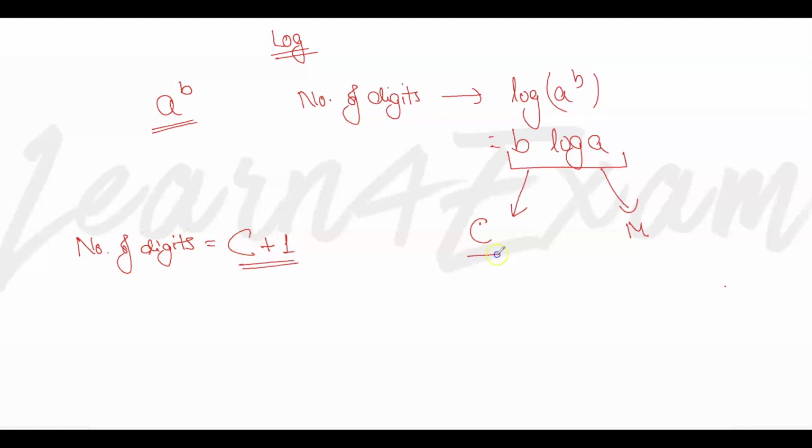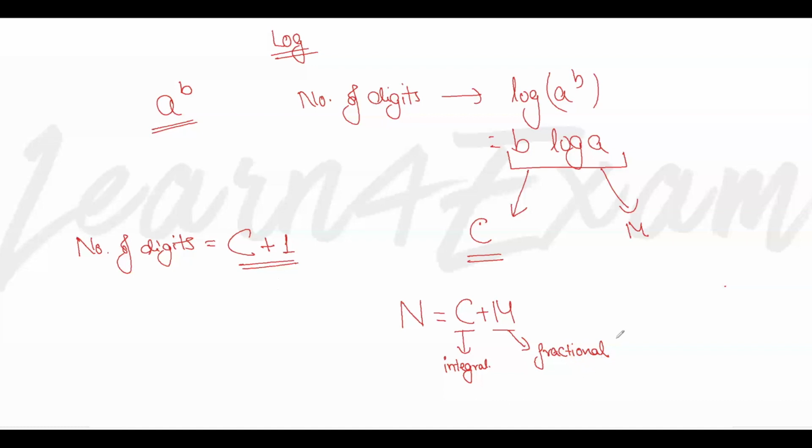So please do not make any mistake in calculating the characteristic of a number. Any number n can be represented as c plus m, where c is the characteristic and m is the mantissa. What you need to understand is c is always integral in nature, and m is always fractional in nature, if applicable.